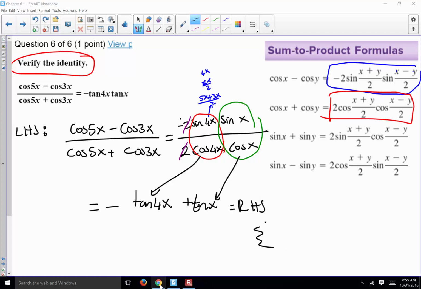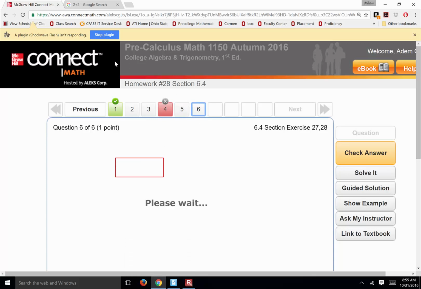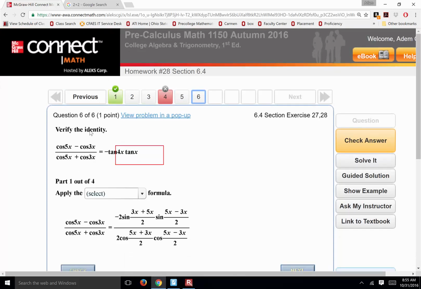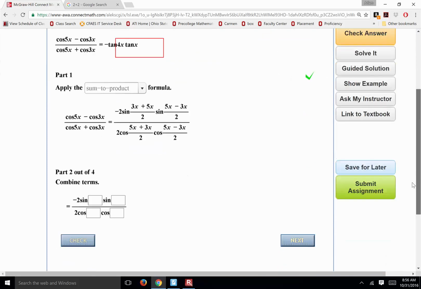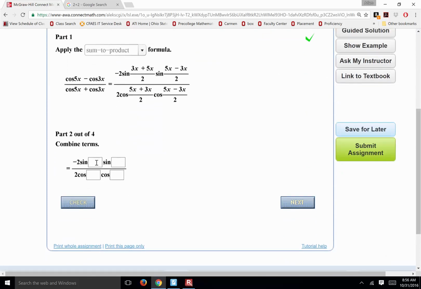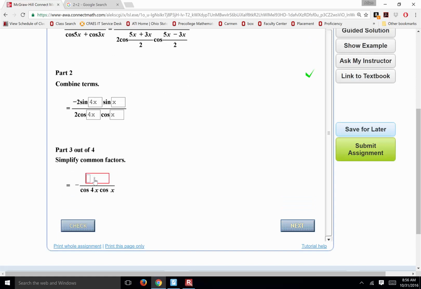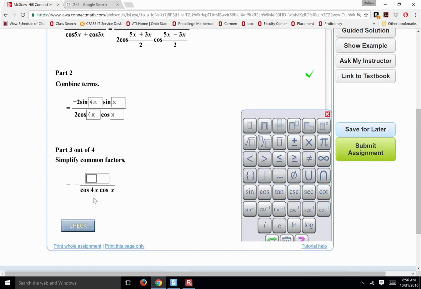I believe the question here directs you on the right path, step by step. So you need to first tell what formulas you're using, sum or not sum. This is called the sum to product formula. And you do it for 4x and x as I did, and the top is, wait a second, what is this?